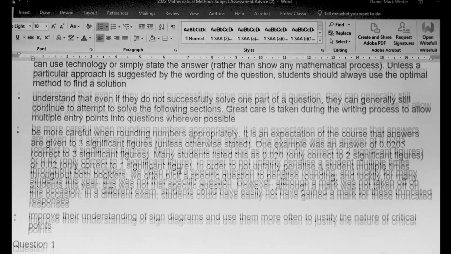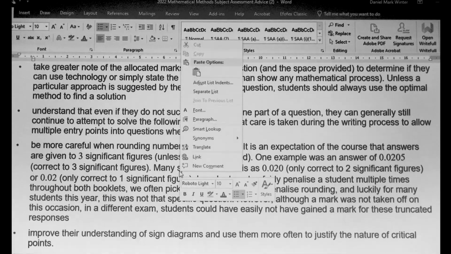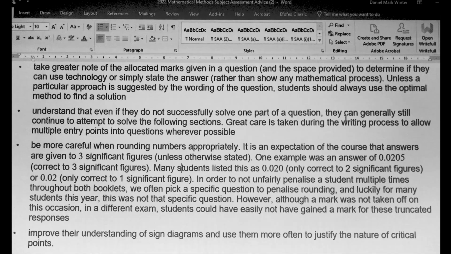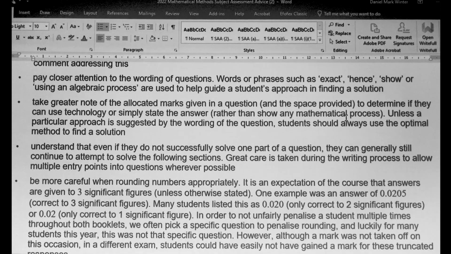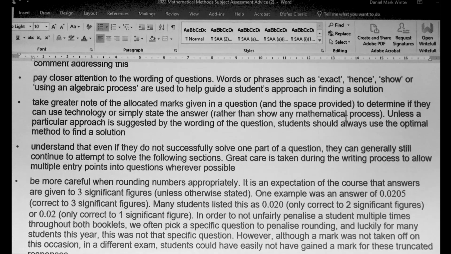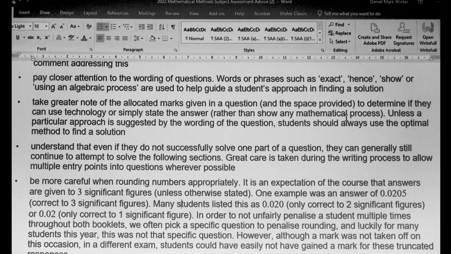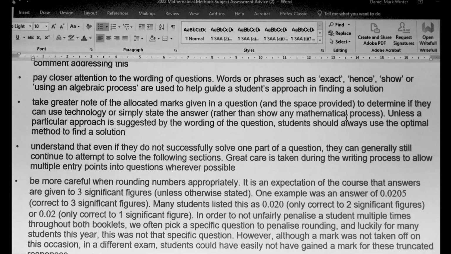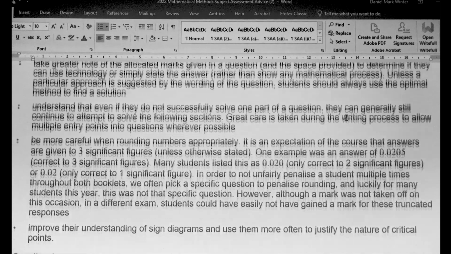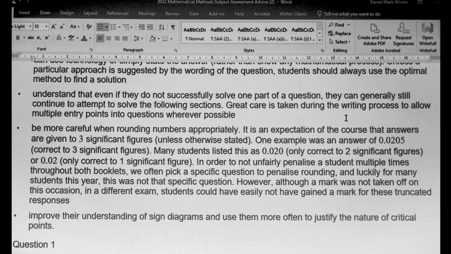I think I've covered the next point. We take a lot of trouble. Sometimes I've been involved in helping to write some questions and exams, and a lot of trouble is taken to make sure that if kids can't do the first part, they've got a way to get back into the question further on. So you'll see quite a few questions that show that the first derivative is given, so that even if they couldn't work out how to do that, they can use that first derivative to then say, oh, where's a stationary point or whatever.